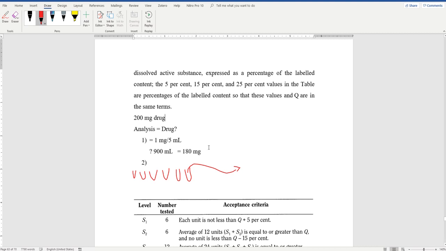In this case you can calculate how much of the claimed amount, what the company is saying, had dissolved. Divide 180 by 200, multiply by 100%.